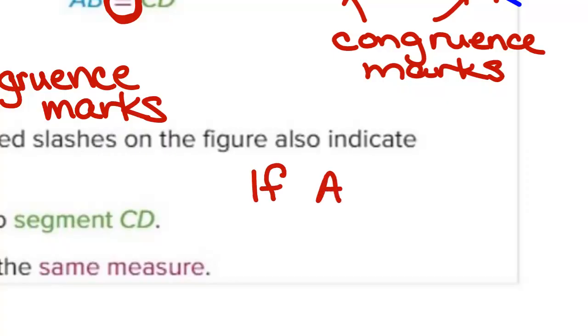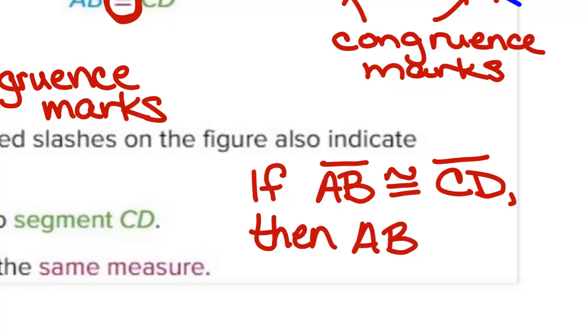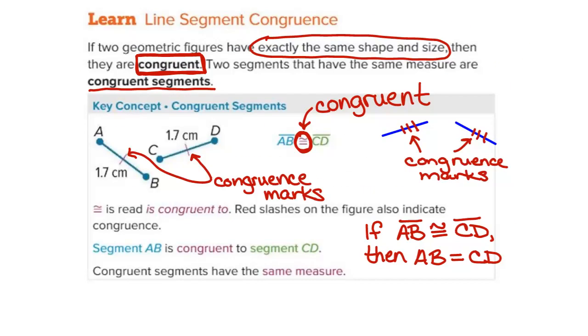If segment AB, with a dash over the top of AB, is congruent to segment CD, with a dash over the top of CD, then the length of AB, AB with nothing over the top, is equal to the length of CD, CD with nothing over the top. So if the segments are congruent, then their measurements are equal.